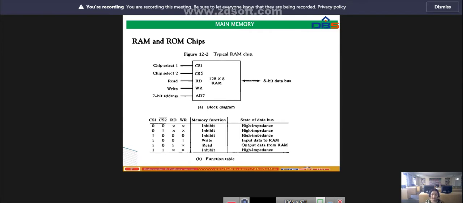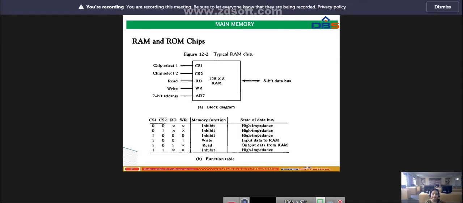The read and write inputs specify the memory operations, and the chip select CS, that is two chip selects, chip select 1 and chip select 2, control the inputs for enabling the chip only when it is selected by the microprocessor.